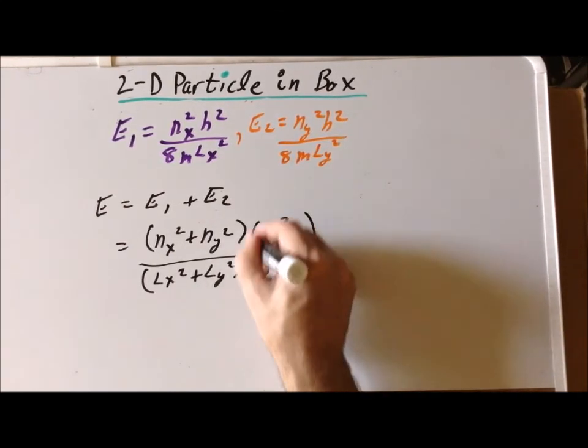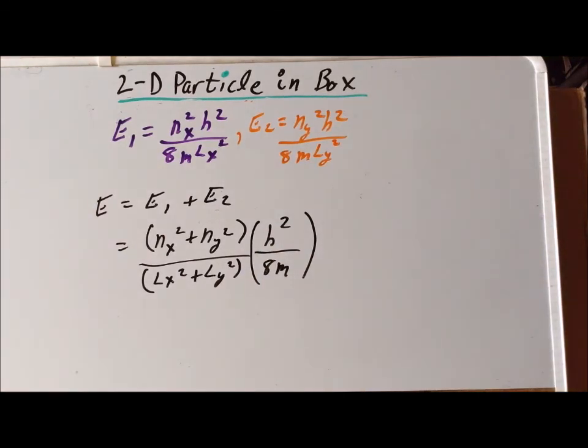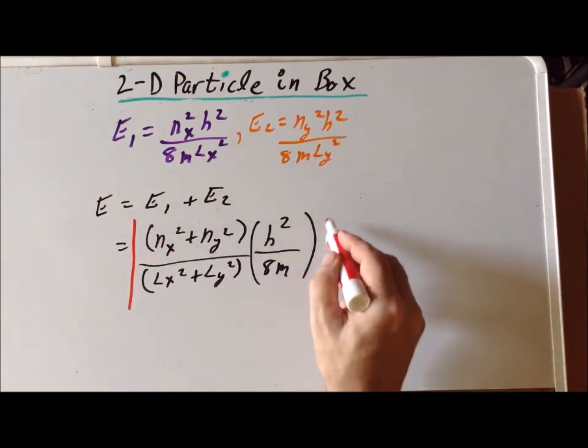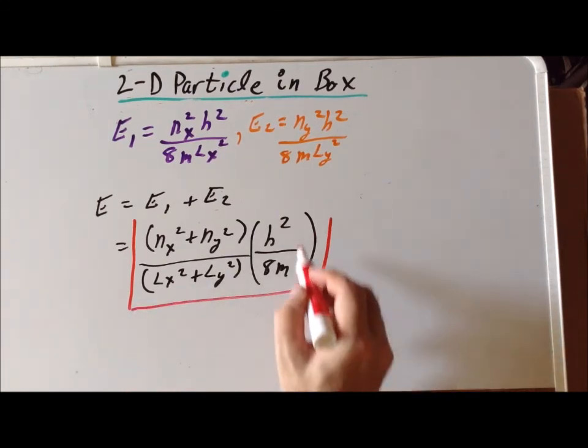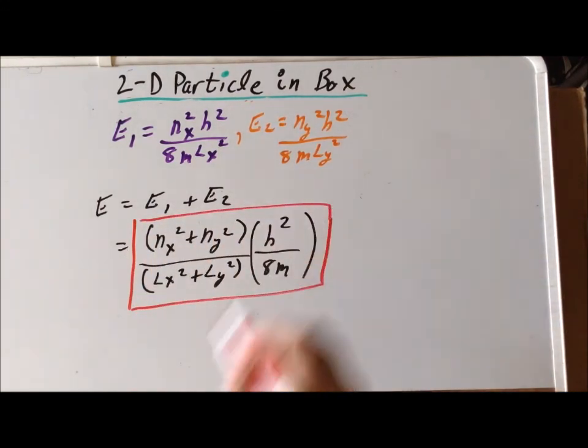And this gives us the total energy for a two-dimensional particle in the box with lengths L sub x in the x direction, L sub y in the y direction, for the quantum numbers n sub x and n sub y, which are equal to positive integers.